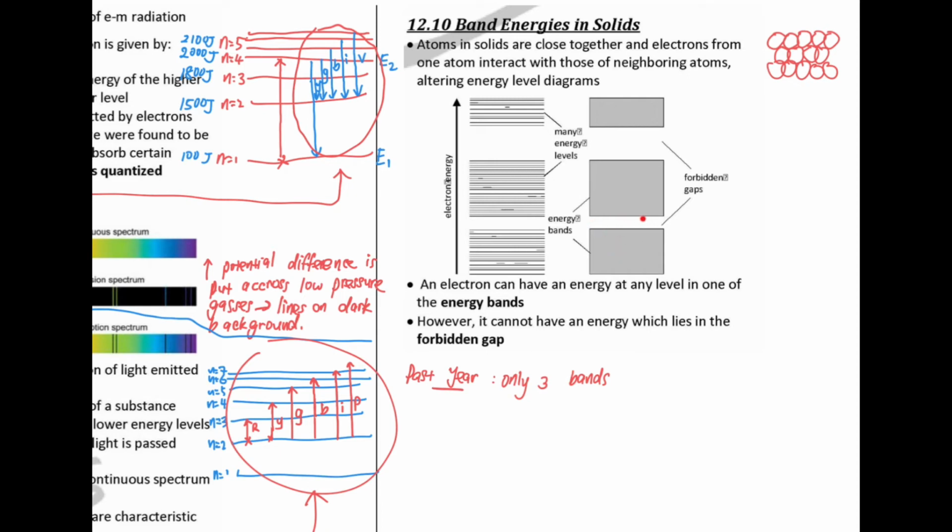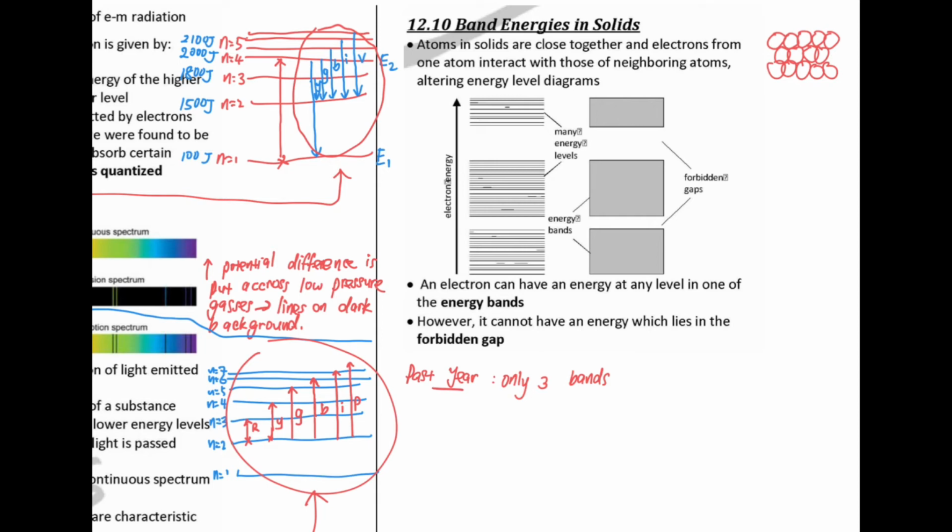This is also considered a forbidden band. You can call it forbidden gap, but at the meantime, it also represents a band with no energy level. So this one is 1, 2, 3, 4, 5: 5 bands. But in past years, they will only test you on 3 bands.